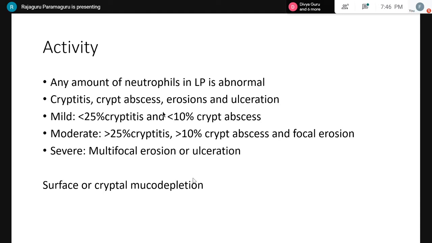You just find some distortion of the crypt architecture, but the inflammatory cells, including the plasma cells, aren't increased, and there is no active inflammation. Then you can say that it may be consistent with deep remission, or histologically does not show any activity. So that can be told.